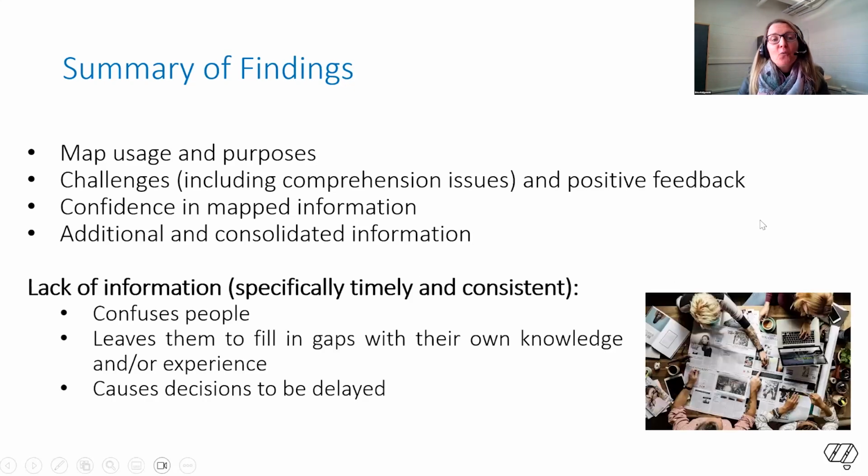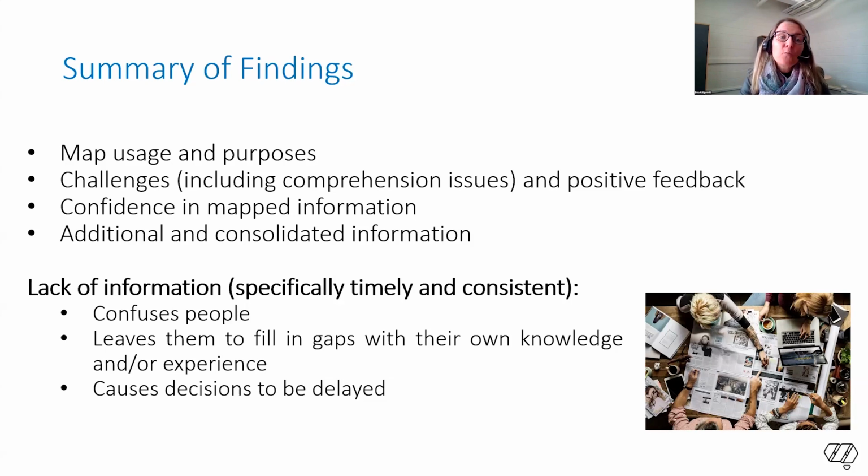And to conclude, why is information so important? And in particular, why is timely and consistent information so important? So we know that the lack of timely information confuses participants about the state of the event, about what they could do, what they should do. When information is missing, we know from research and from this research as well that people will fill in the gaps. People will look for it elsewhere, right?